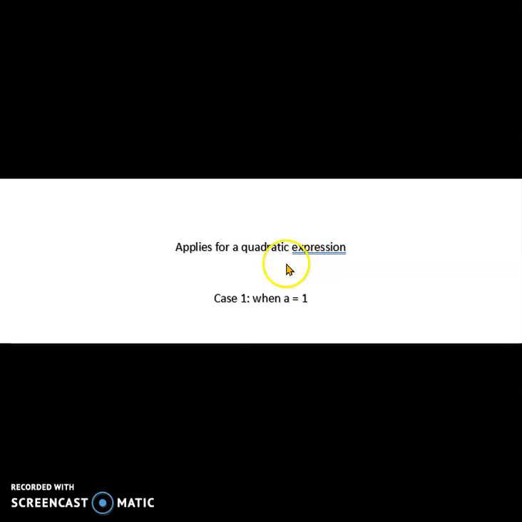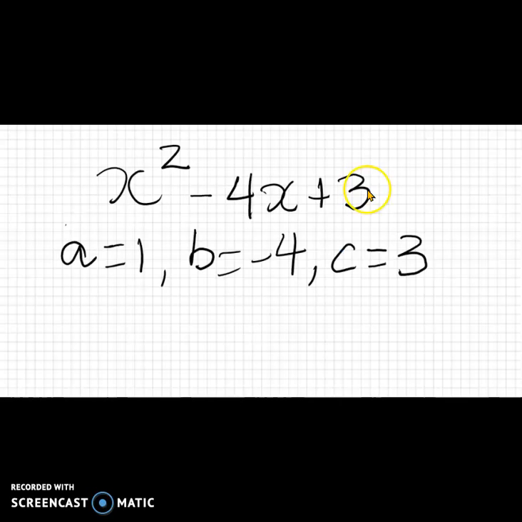Alright, so the first case I'm looking at is when my value of a is 1. So we have x squared to work with. From here we are going to look at a worked example. For this example, I shall be using x squared minus 4x plus 3.